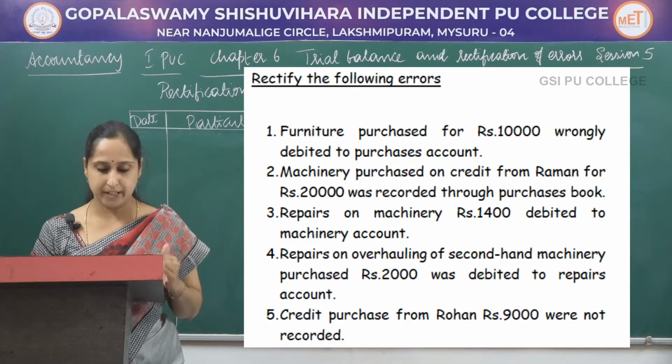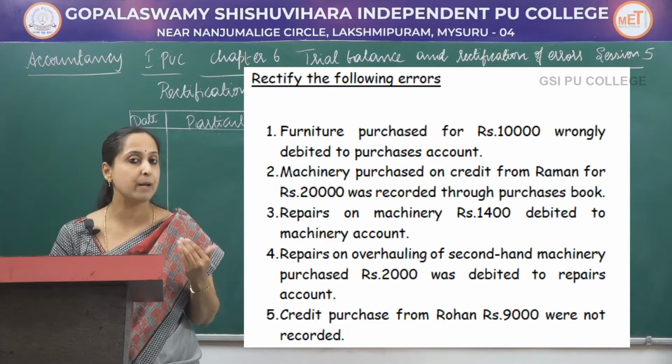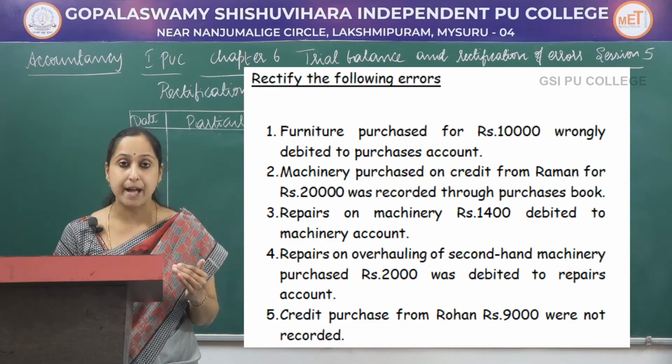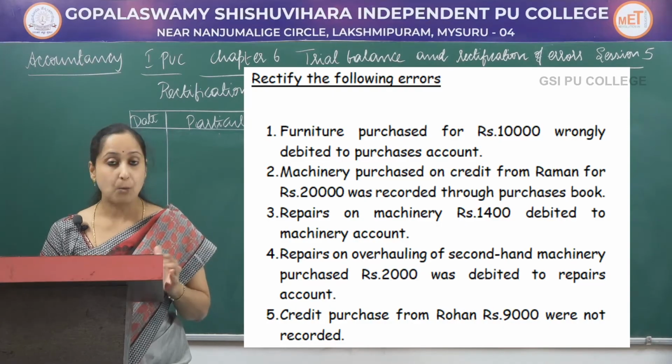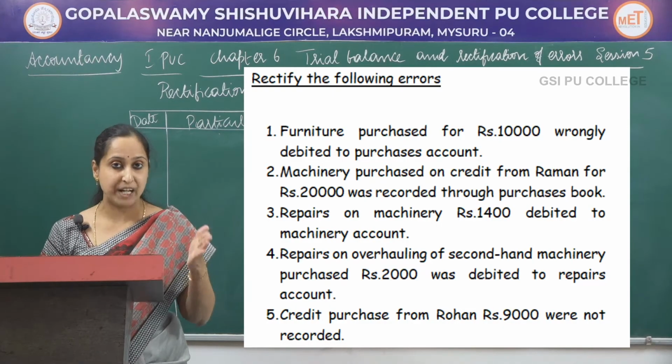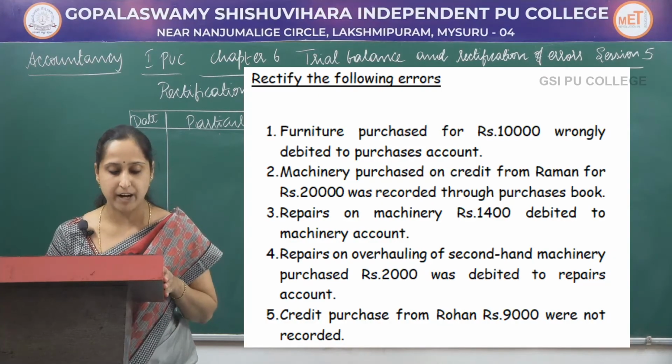The error will be rectified. Next is repairs on machinery rupees 1400 debited to machinery account. You know, here repairs has to be debited. Instead of debiting repairs, they have debited machinery account. Again, this is wrong. So now I have to debit repairs, and if I credit machinery, the error will be rectified.